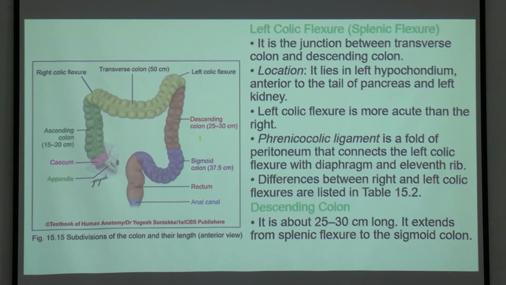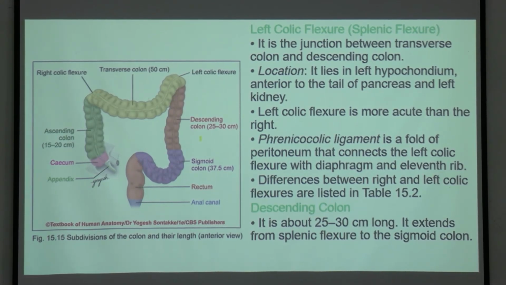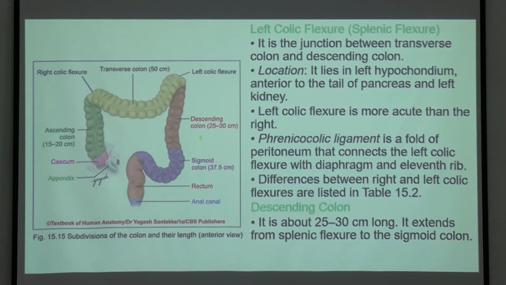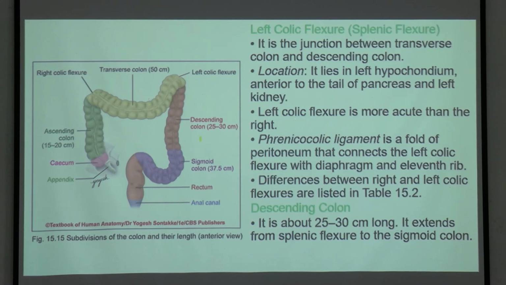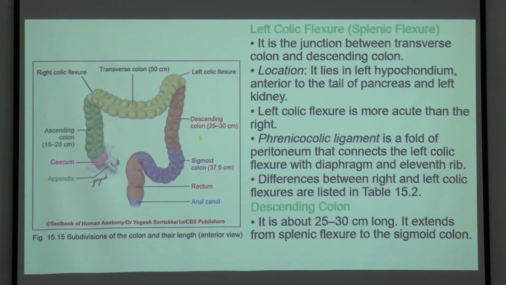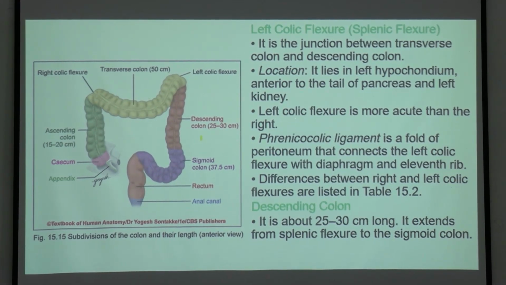They are called paracolic gutters. These paracolic gutters are important. There are also some peritoneal gutters and peritoneal sacs like the hepatorenal pouch of Morrison. And these paracolic gutters are very important.